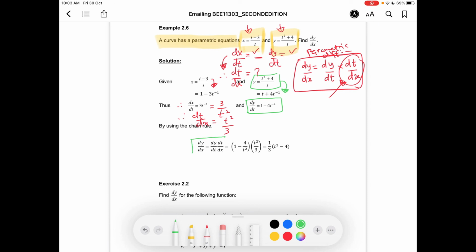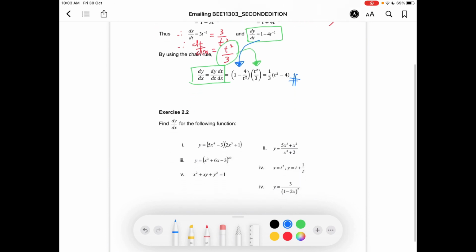And then by using the chain rule definition, we already changed it to this one for dt over dx, so just plug in over here, and for dy over dt, just plug in over here, and you will get the final solution as this.